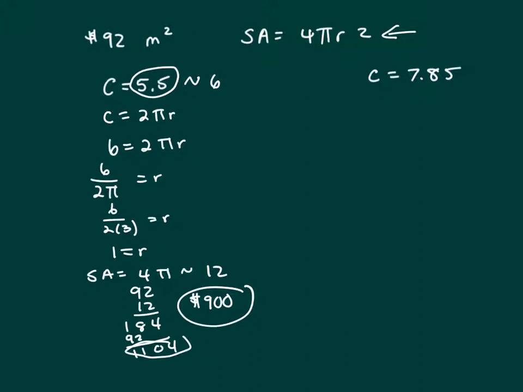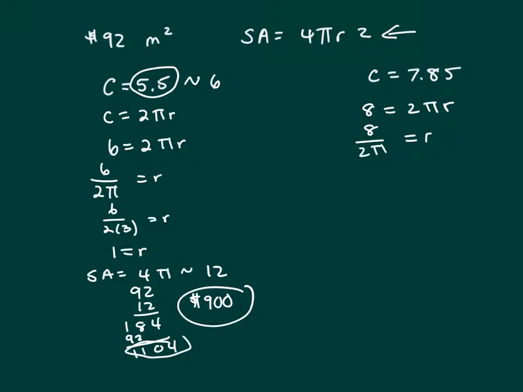All right, so let's do the same thing for the other one. This one is 7.85 meters, let's make that 8. So 8 equals 2 pi r, and that's going to be 8 over 2 pi equals r.